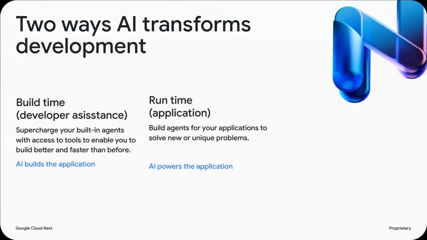When we think about AI and when we think about agents, there are 2 ways that we should frame how AI can help us. The first is build time, which is more of a developer assistance use case. This is where you're working on an application, you're improving an application, or even building a new application. But when the application is finally built and ready to go, the experience has nothing to do with AI.